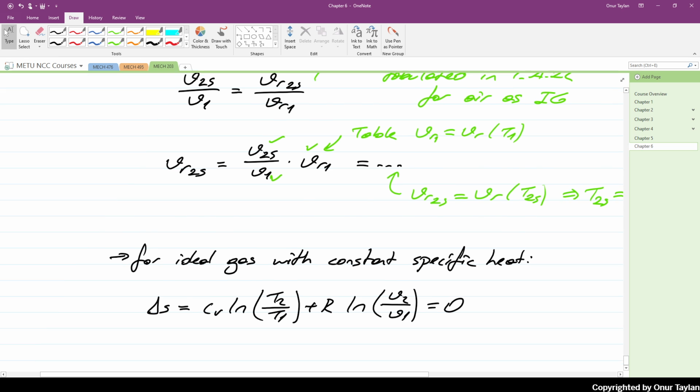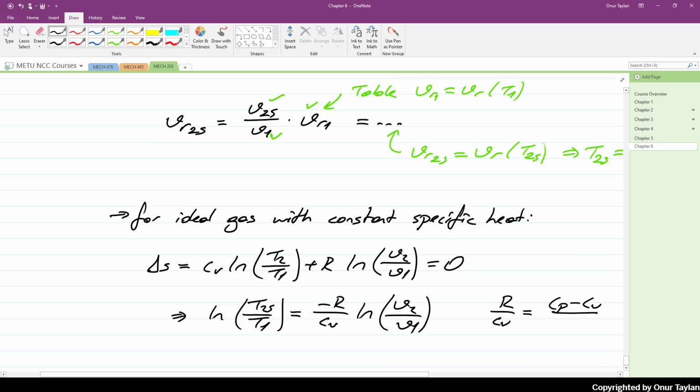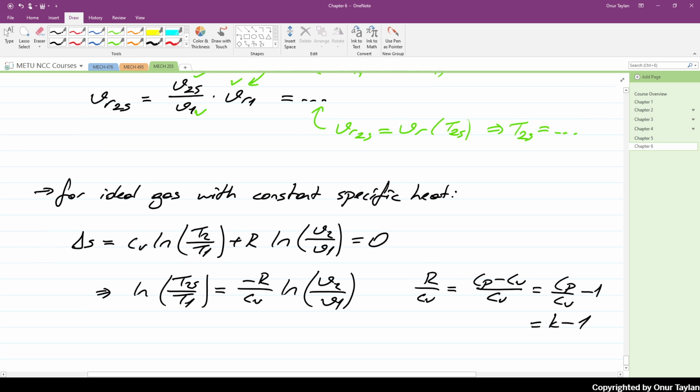Right? So, from here, we can write ln T2s over T1 is equal to minus R over Cv ln v2 over v1. And R over Cv, R is, if you remember, Cp minus Cv for an ideal gas, over Cv. So that's basically Cp over Cv minus 1. Cp over Cv is nothing but k. So this is k minus 1. Right?